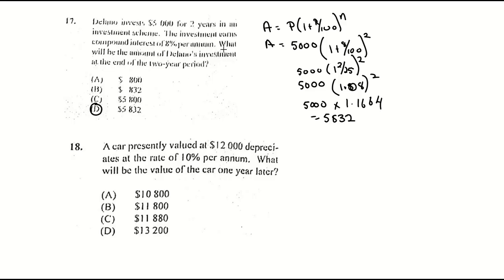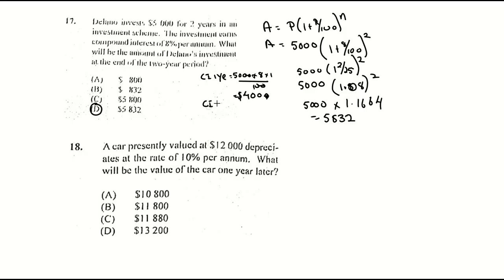The next way is your simple interest method. You find your compound interest for your first year by saying 5,000 by 8 by 1 all over 100, which is cross out this, cross out this. 8 fives are 40, so that's 400 for the first year.